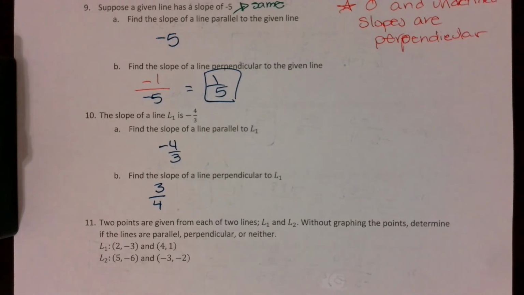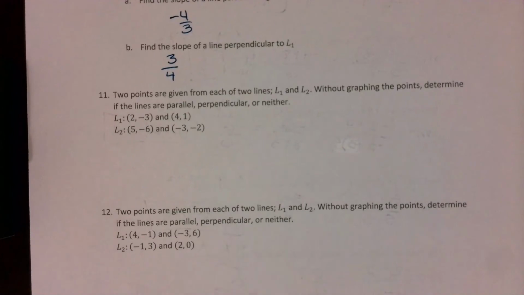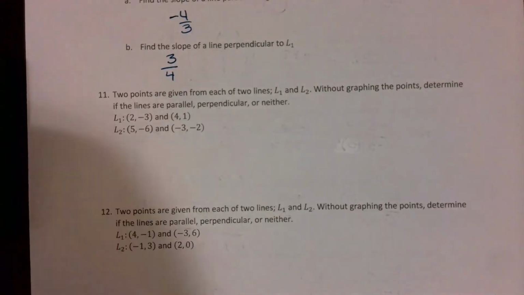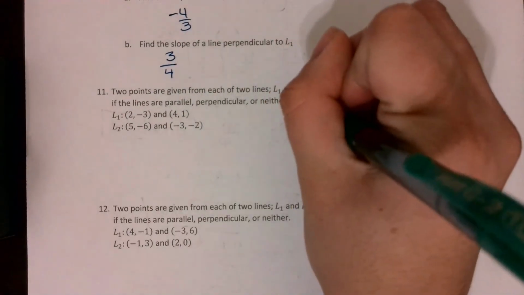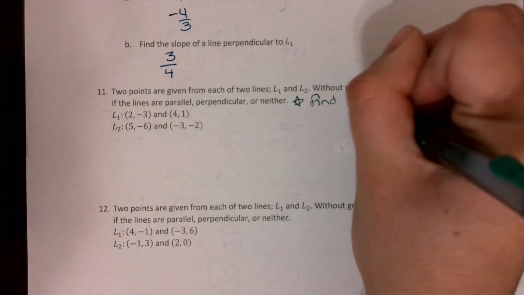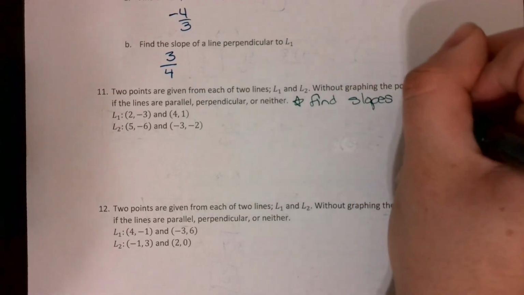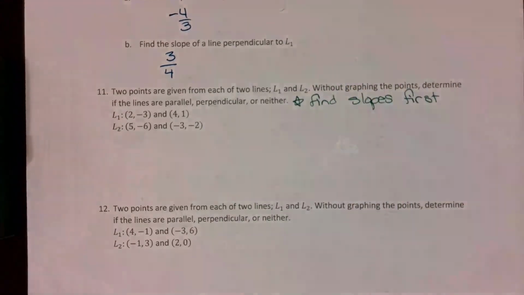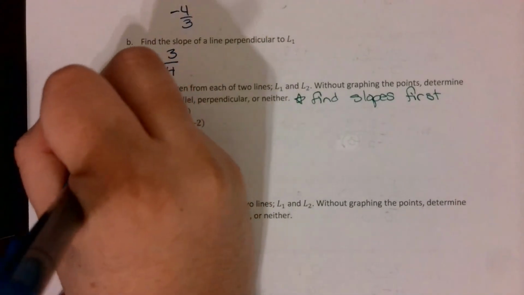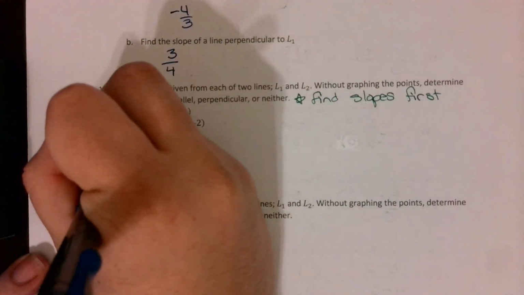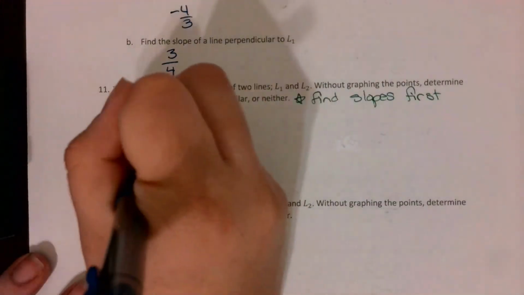Okay. Number 11 gives me two different lines, and it wants me to determine if they are parallel, perpendicular, or neither. So what I want to do is find my slopes first. I'm going to do L1 over here. I'm going to call this M1 for my slope.